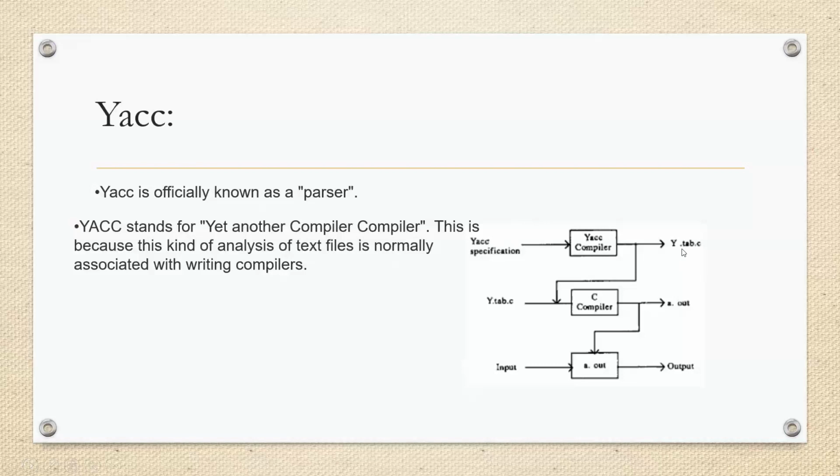When y.tab.c is run, it goes to the C compiler, then a.out is the output command, which is used to view the output. Input is given, and a.out gives the output of the given source program. So these are the operations performed in Yacc.